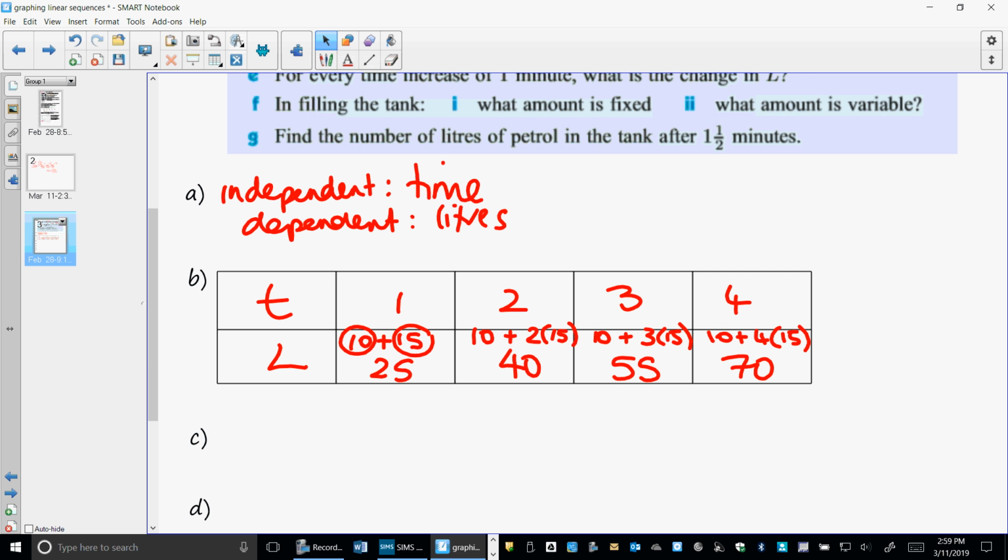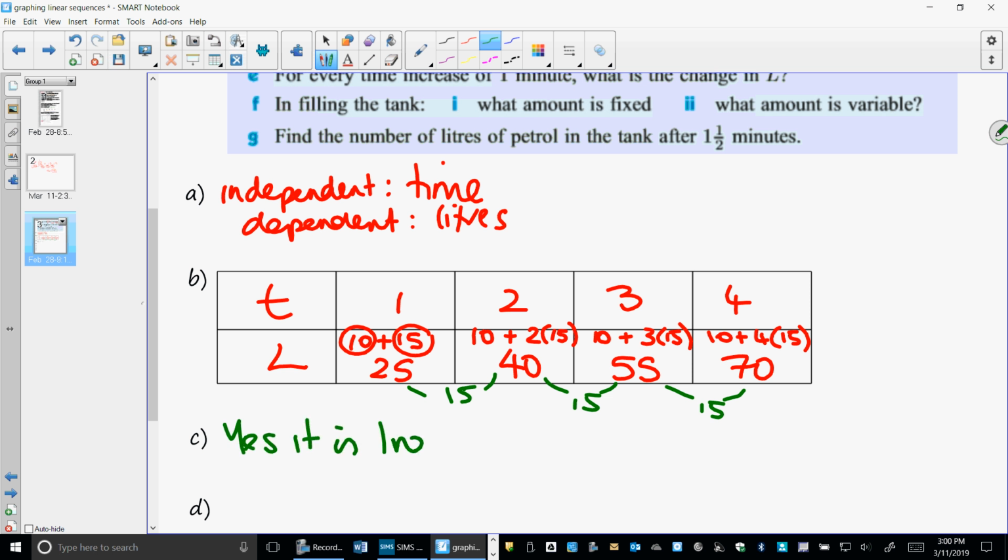So what's the difference between 25 and 40? And what's the difference between 55 and 40? 15. And what's the difference between 55 and 70? 15. So is this a linear relationship? Yes. It's just not laid out like it's supposed to.